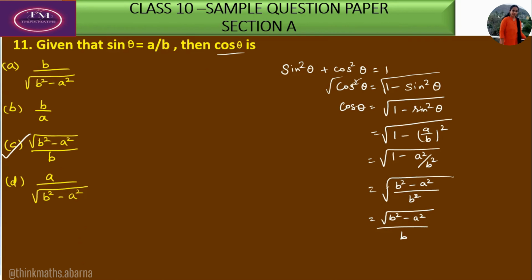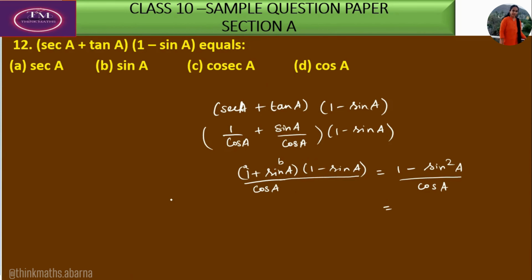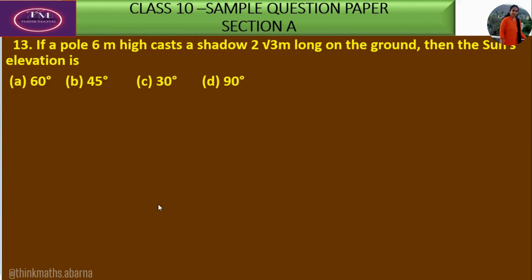So in the same way, instead of 1 minus sin square theta, we can write cos square A. So 1 minus sin square A equal to cos square A by cos A. So in the numerator, cos gets cancelled with the denominator cos. So the remaining will be cos A. Okay. So option D is our right choice. Moving on to the 13th question.